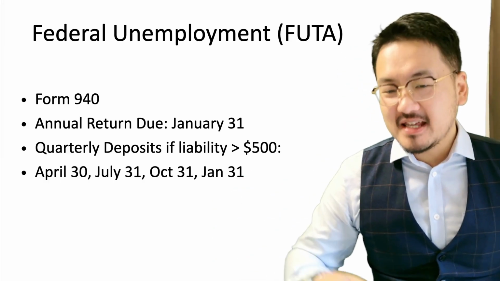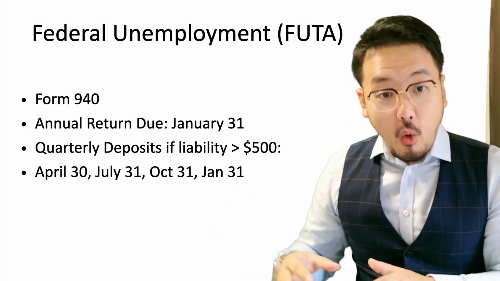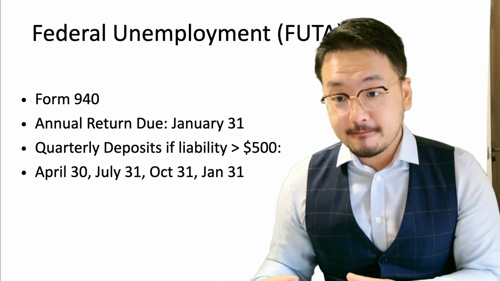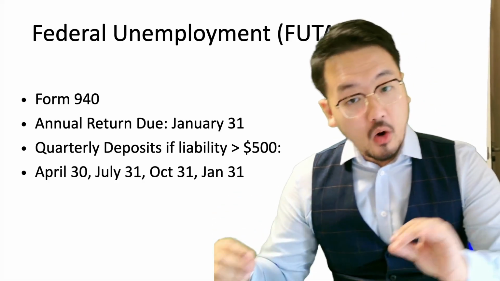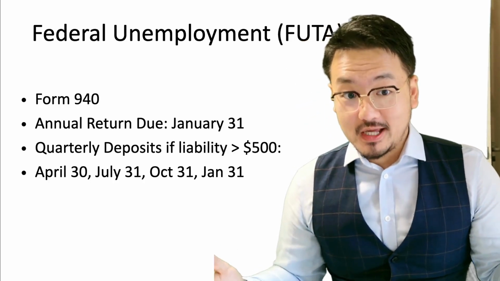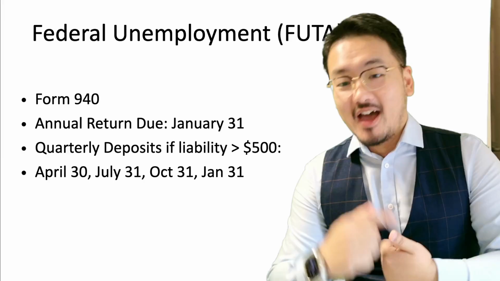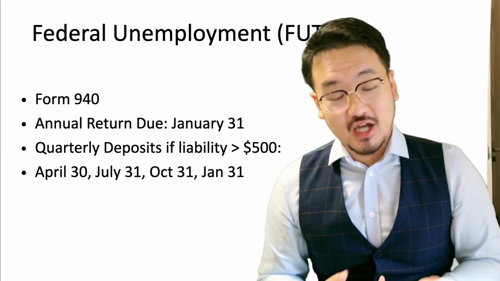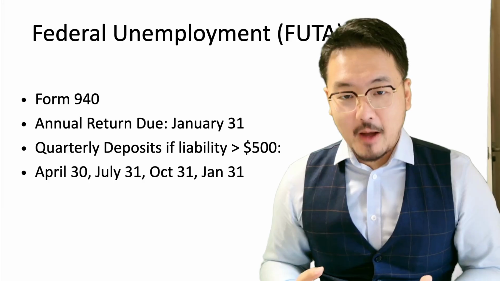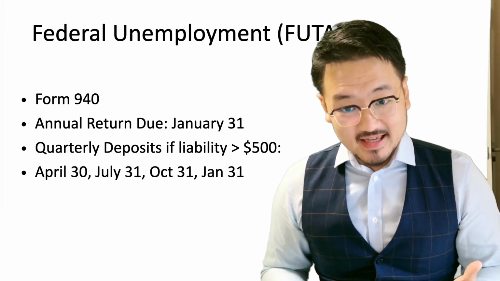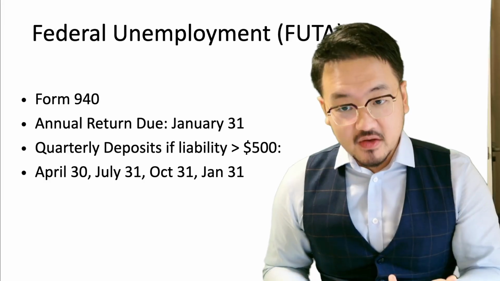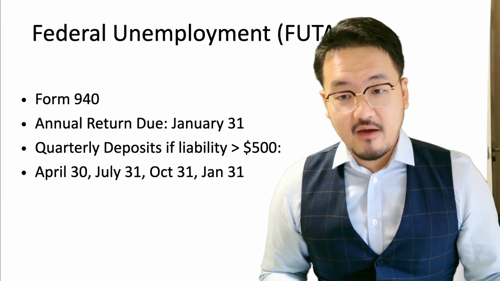If your liability for the quarter is more than $500, you've also got a quarterly deposit due date. Quarterly, as the name suggests: April, July, October, January. April, I think, is the 30th, and then July 31st, October 31st, and January 31st.